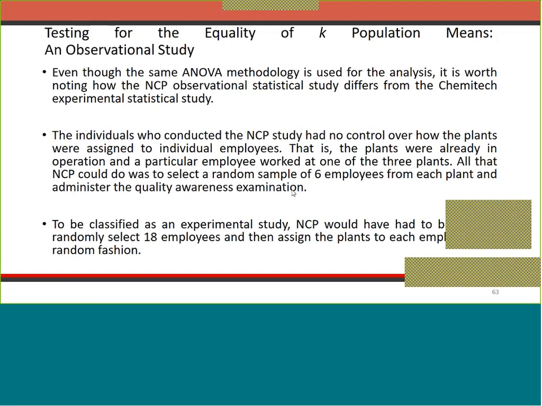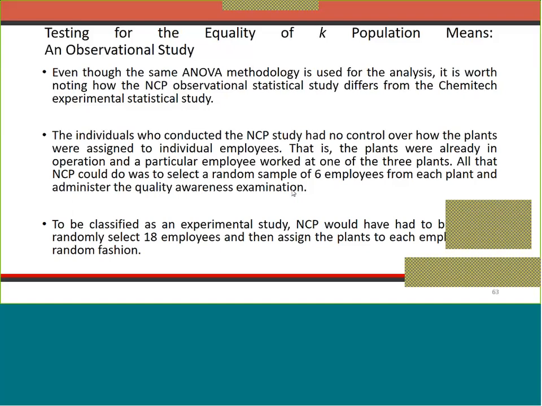Even though the same ANOVA methodology is used for the analysis, it is worth noting how the NCP observational statistical study differs from the Chemitech experimental statistical study. Please understand that the present example is a best example for observational study, whereas Chemitech is a best example for experimental study.